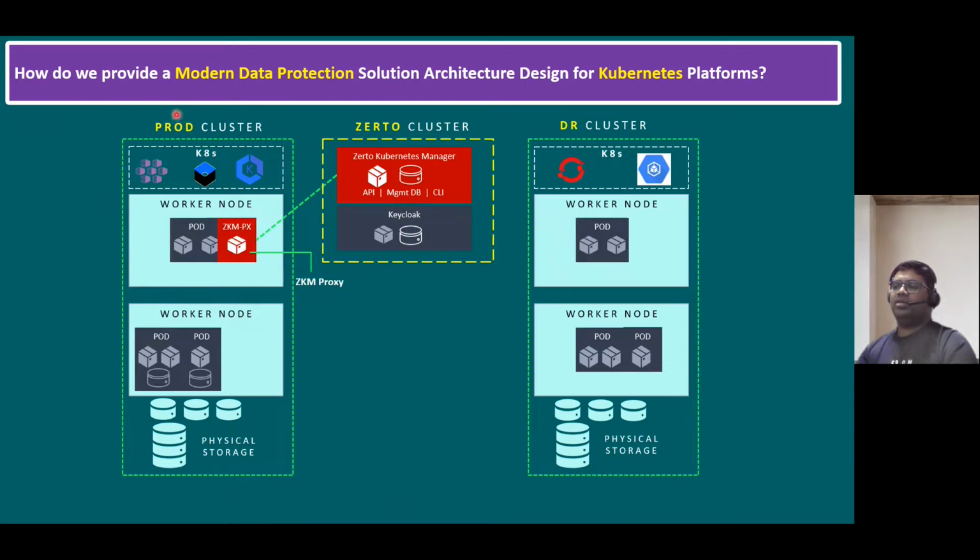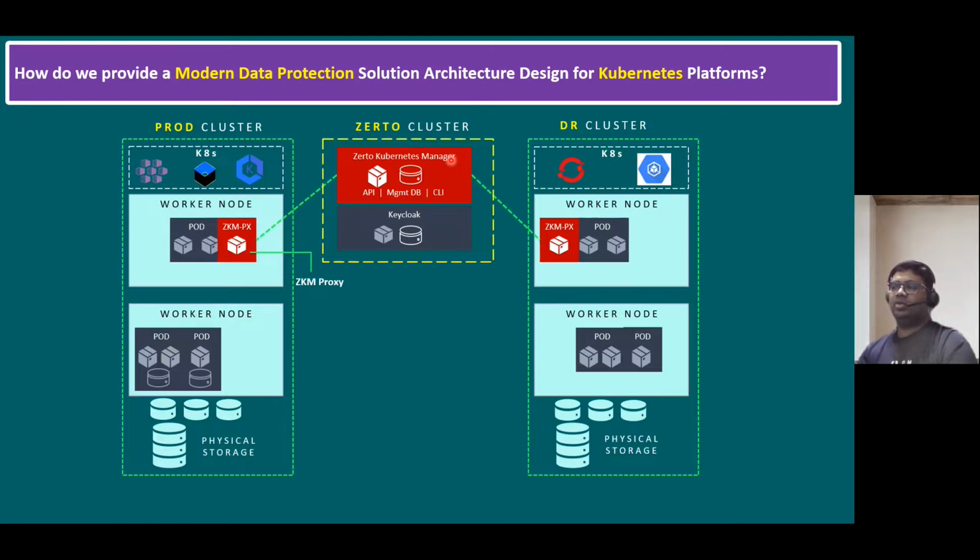At least the one production cluster must have a ZKM proxy, and even the DR cluster, if you have a Kubernetes environment. When we go for a Zerto for Kubernetes solution, we also need a ZKM proxy on the DR cluster. So minimally, each cluster has one ZKM proxy to communicate between the production cluster and DR, and also the production cluster to the ZKM manager.